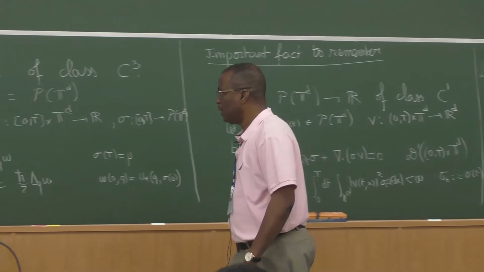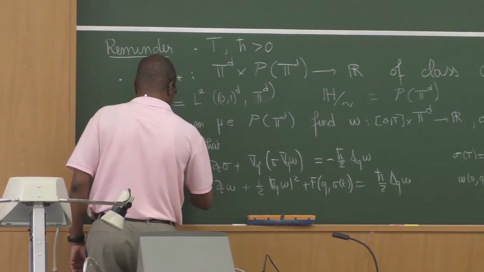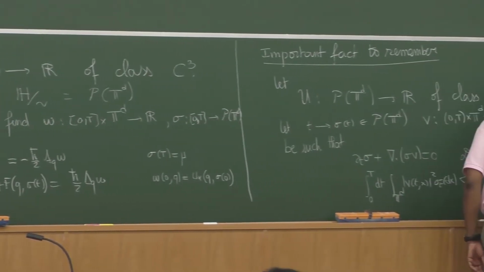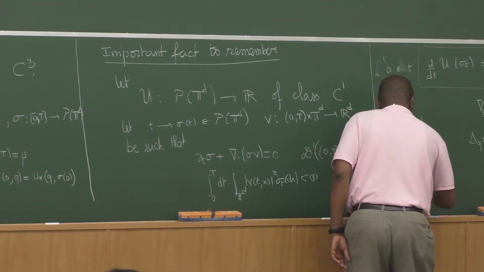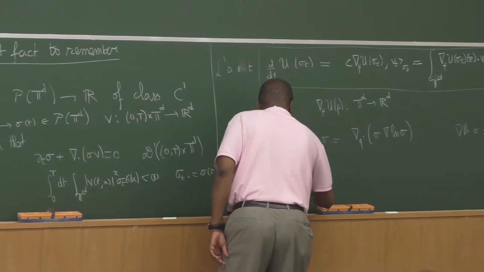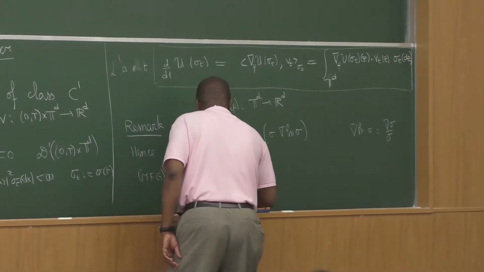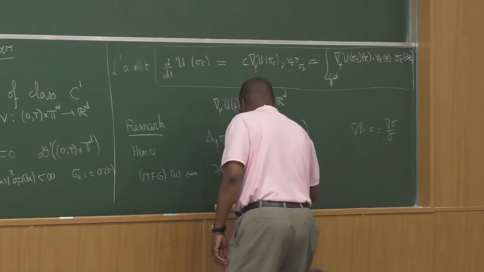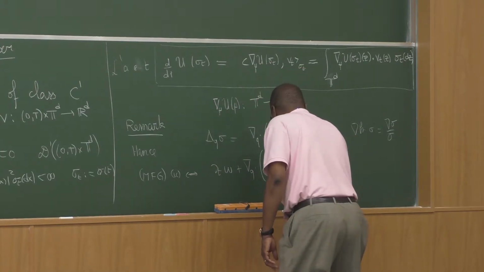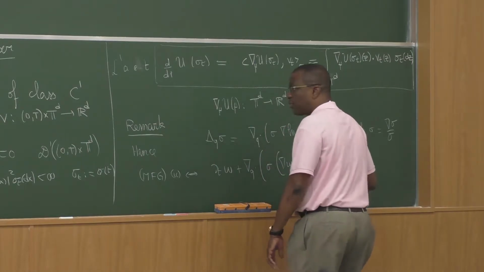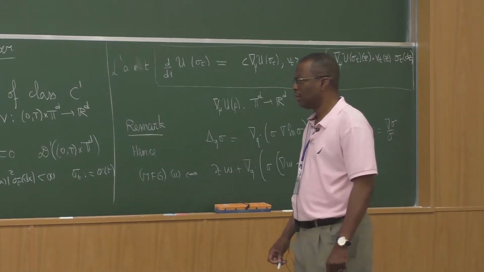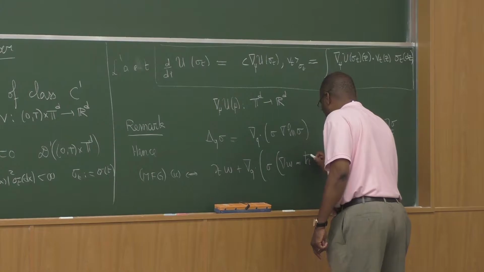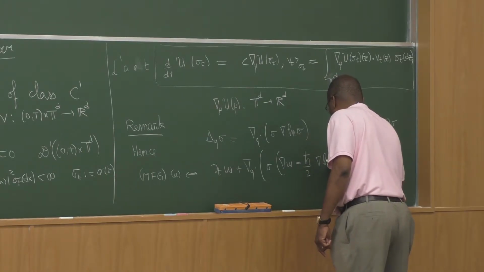Therefore, in the mean field game, if I call this I, and I call that 2I, hence, in the mean field game equation, 2I is equivalent to d_t W plus divergence of sigma gradient W plus h bar over 2 gradient of log of sigma.